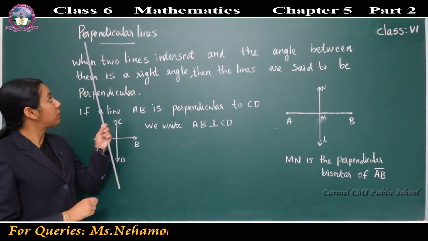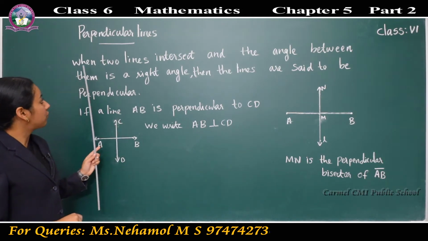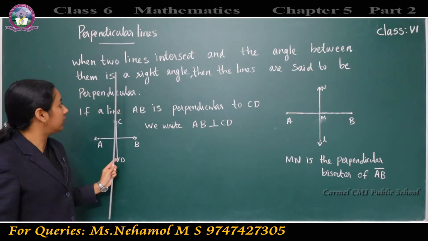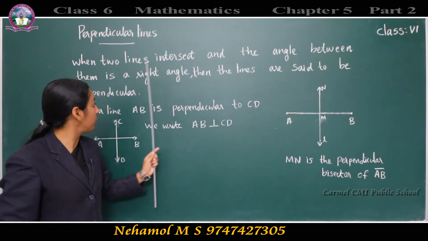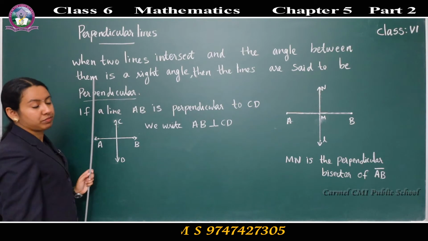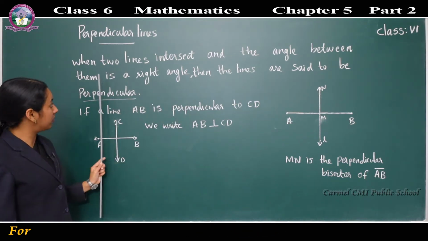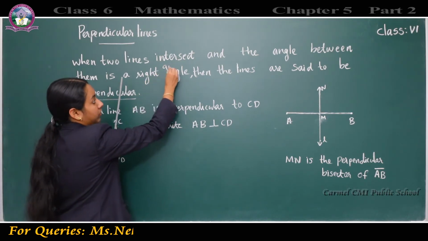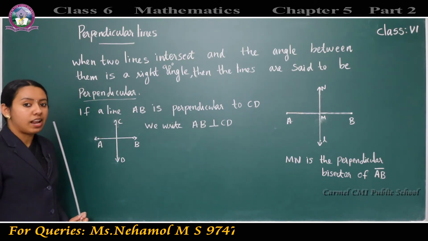Next topic, perpendicular lines. When two lines intersect and the angle between them is a right angle, that means 90 degrees, then the lines are said to be perpendicular lines.